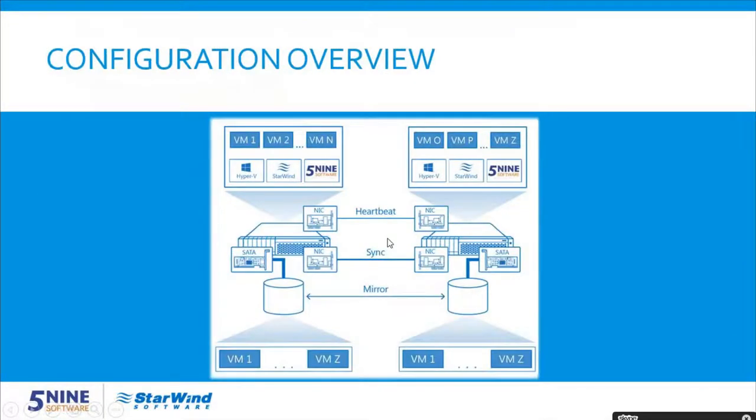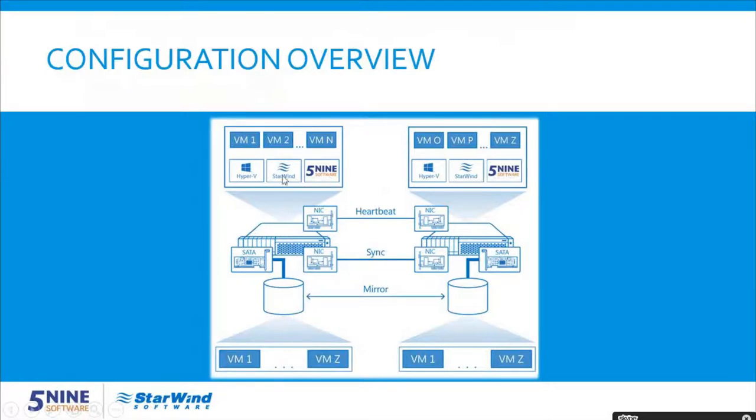Okay, so here is the configuration overview of our demo stand today. We've got two servers running Hyper-V Server and StarWind, and we have connected them with standard Ethernet cables.